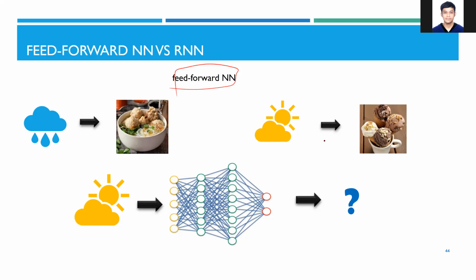But if it is sunny, then he will eat ice cream. So the input here is the weather, whether it is sunny or rainy, and what will Dr. Yogi eat? This is a common neural network.